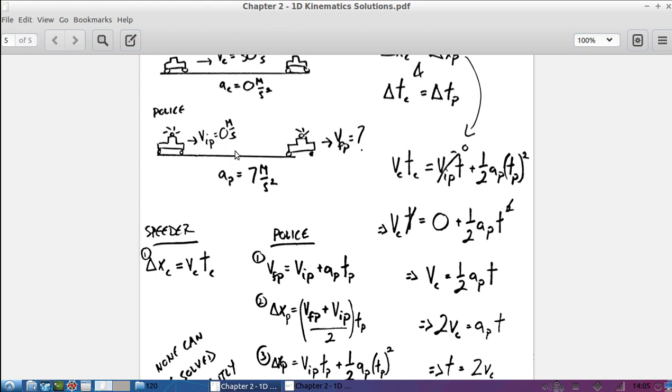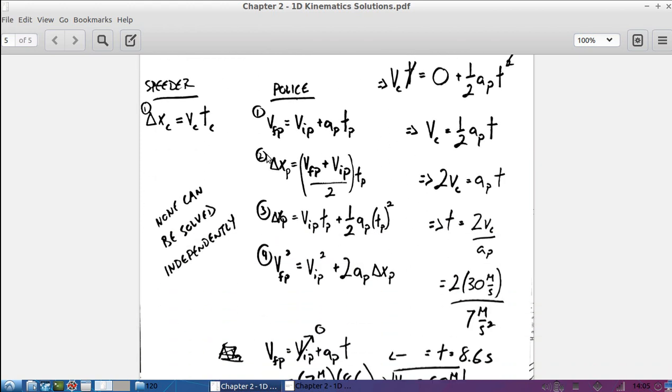I don't have the displacement for the police car. So I'm in the same situation for both of these cars. No displacement, no time. I don't know them, and I'm not being asked for them. So I can't solve any of these equations by themselves. But I have to look at some combination of equations that I can solve.